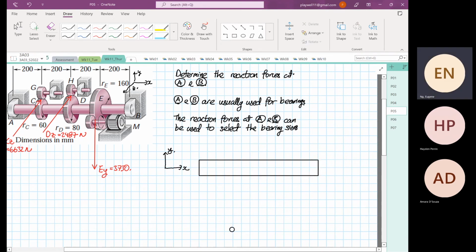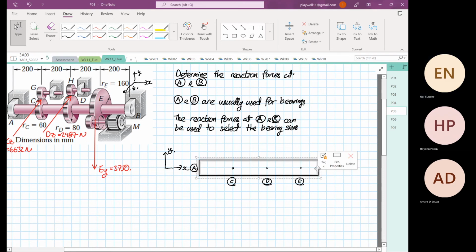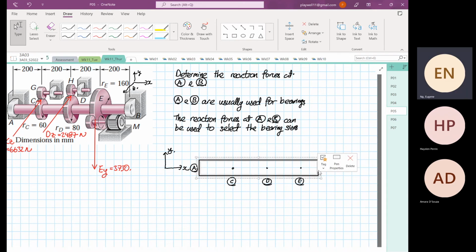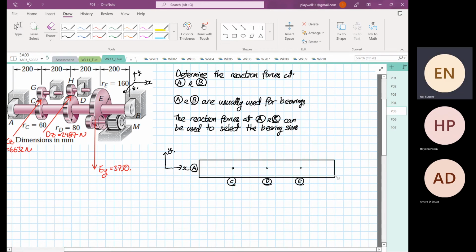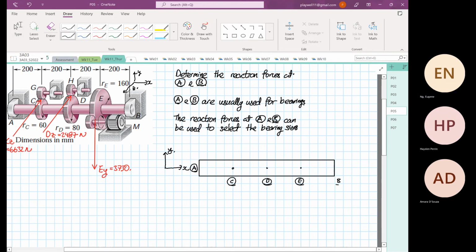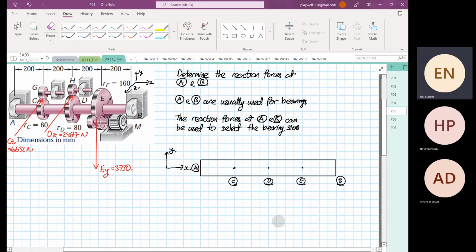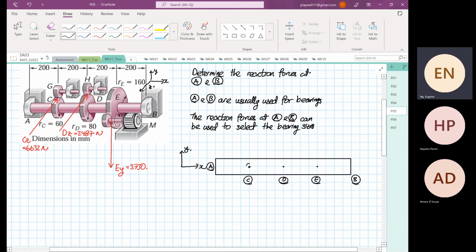This is our point A. This is our gear C. Then we have our gear D, point D. Then we have our point E, then our point B. We know that at points C and D, we have a cross.